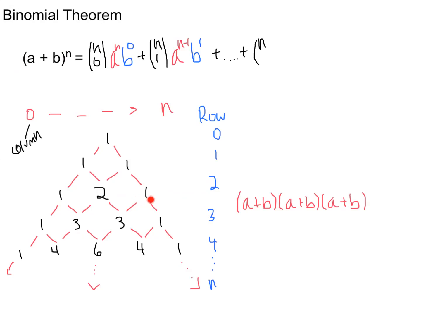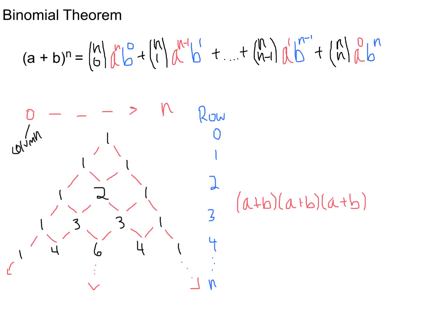So if this is my nth column, the second to last will be the n minus 1th column. And this will be a to the 1, right? I'm almost all the way at the end, and b to the n minus 1. And then the last, I'm going to have the nth row, nth column, a to the 0, b to the n.